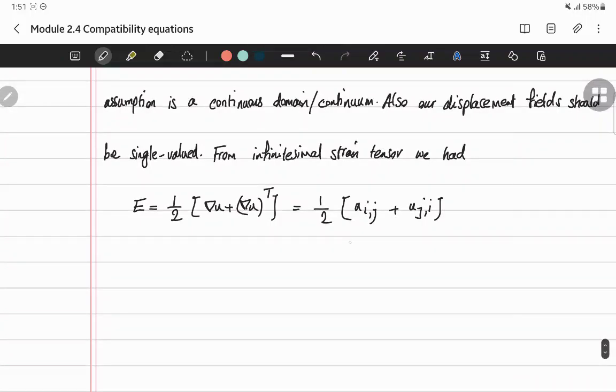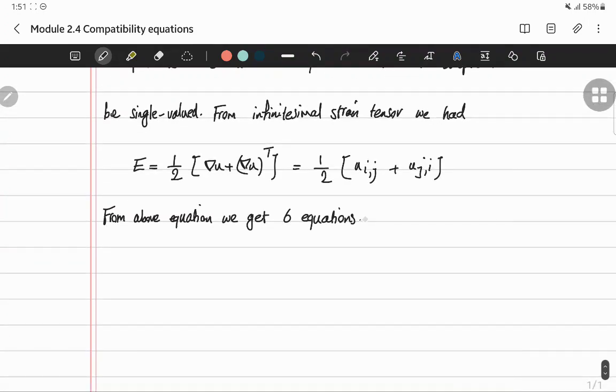Here we derive, from the above equation, we get 6 equations, if we remember. So we had E11, E22, E12, and the rest. Maybe it's better to write all of them in here: 1, 2, 1, 3, 2, 3.